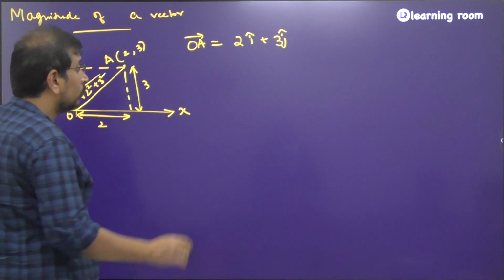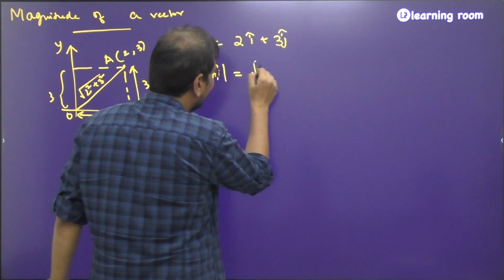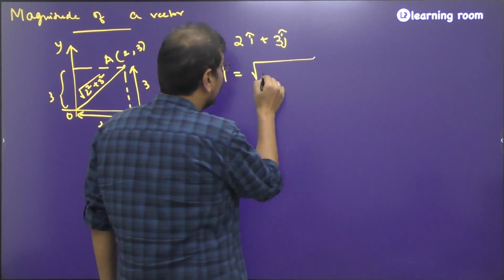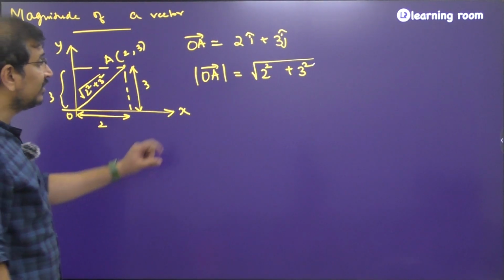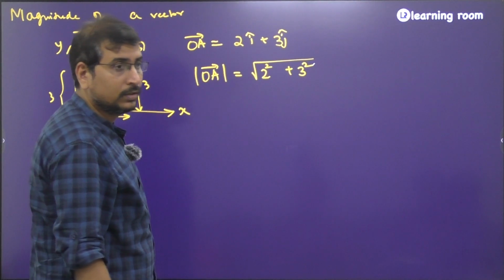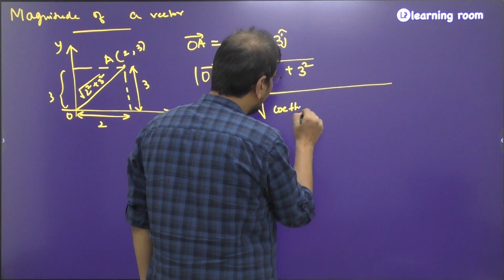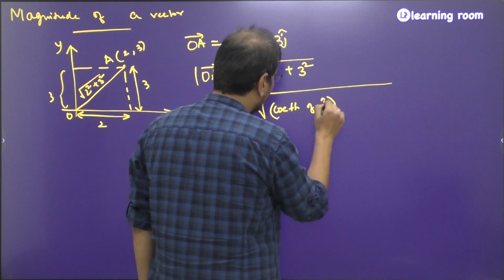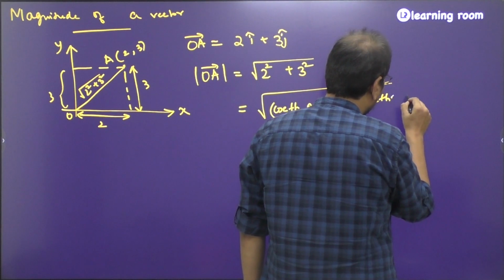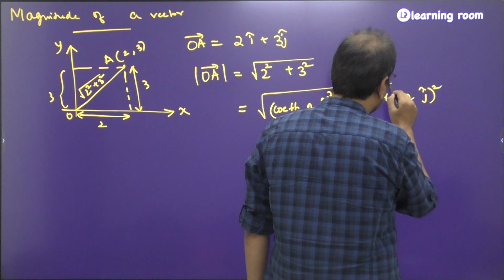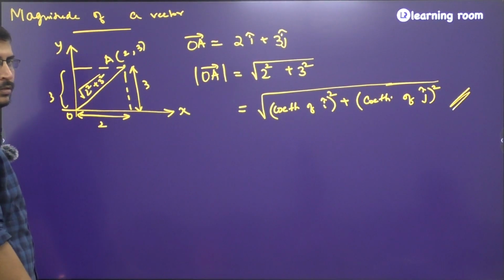So here the magnitude of OA vector is going to be square root of 2 square plus 3 square. So basically what is this 2 square and 3 square? It is basically square root of coefficient of I cap square plus coefficient of j cap square.